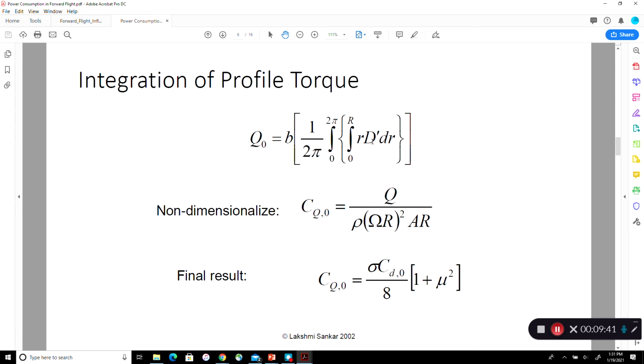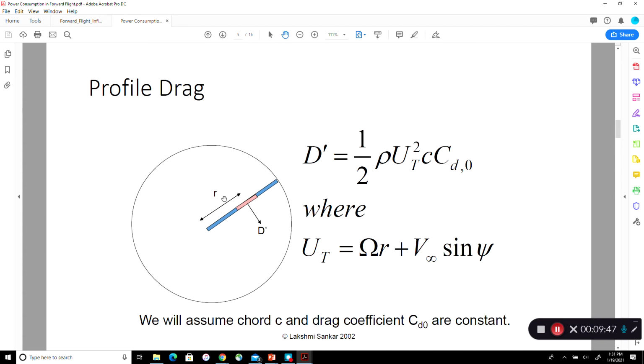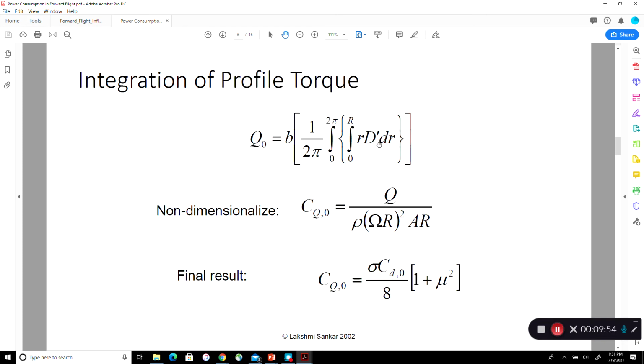So let's take a look at the torque. This is the drag per unit span that we saw up here, per foot of span or foot of radius. If you multiply by the delta R, you get the actual drag of a small element. If you multiply by R, this is the torque generated by that element. Integrate, sum up over all such elements.